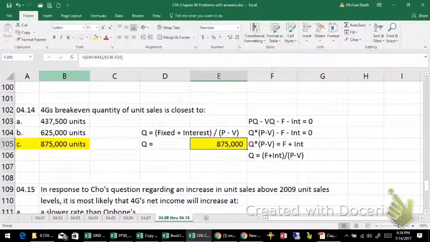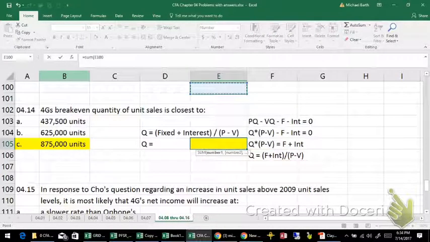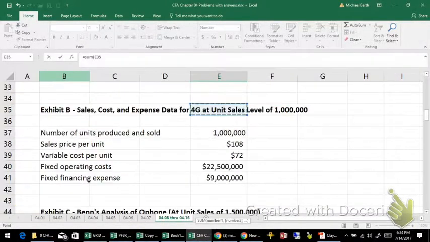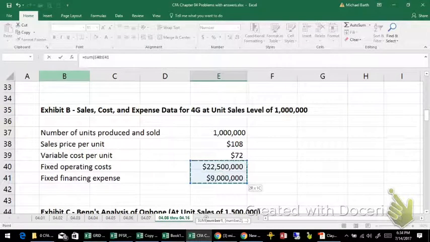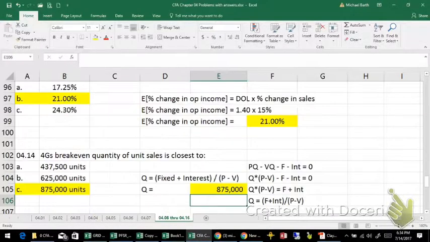So the total amount of fixed costs you have to pay, from Exhibit B, would be 22.5 plus 9, that's F plus interest, and then we divide that by the contribution margin, which is 108 minus 72. Okay, and that's where I get 875,000 units.